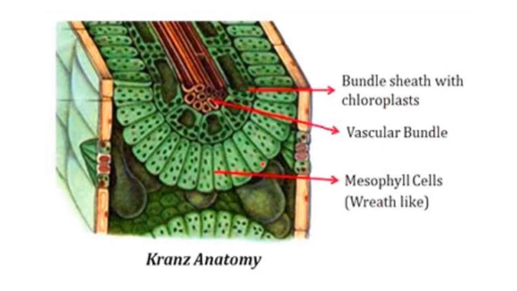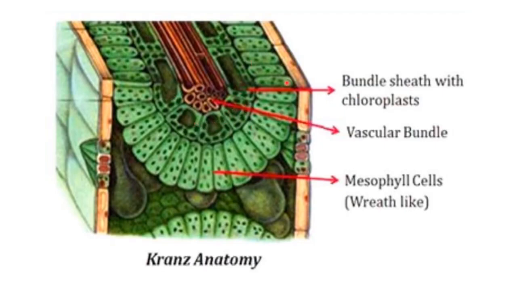The word Kranz means ring or wreath, and because these are making a ring here, that's why this anatomy is called Kranz anatomy. Here you can see these are vascular bundles, and around the vascular bundle is a layer of bundle sheath cells. Inside the bundle sheath cells many chloroplasts are present.